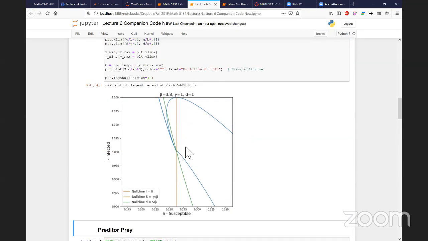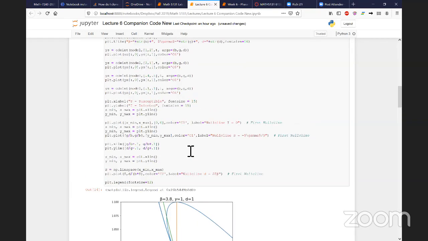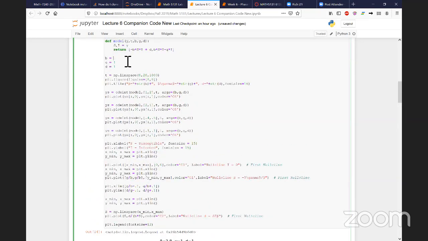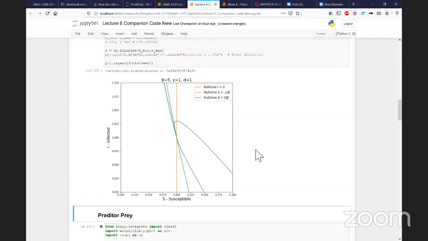Again, we may have to zoom farther and farther in to actually see the spiraling behavior, but that is the point where we cross from having a sink to having small spirals. And here we have the obvious sink.